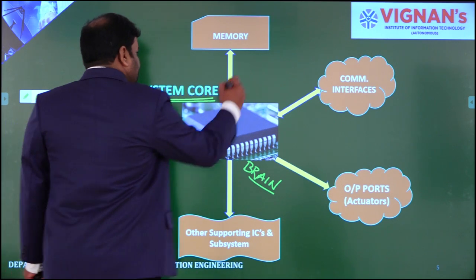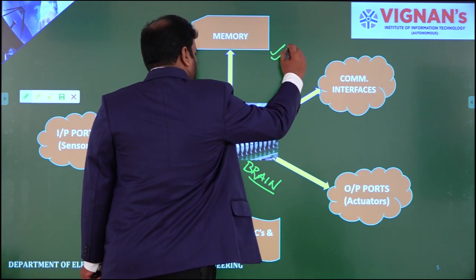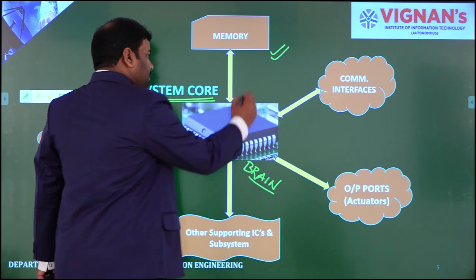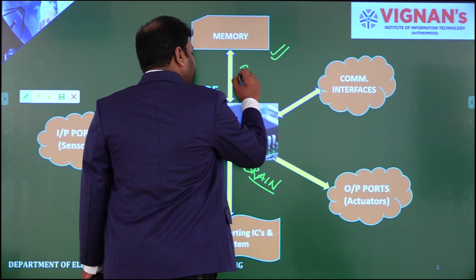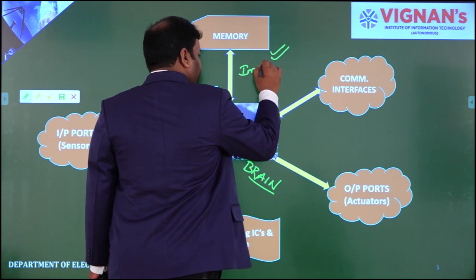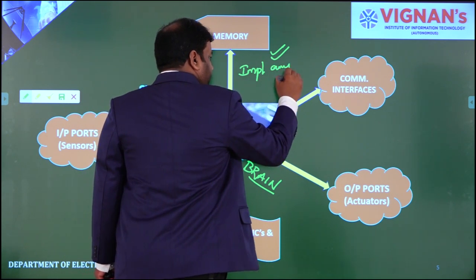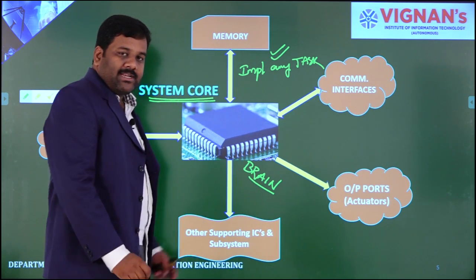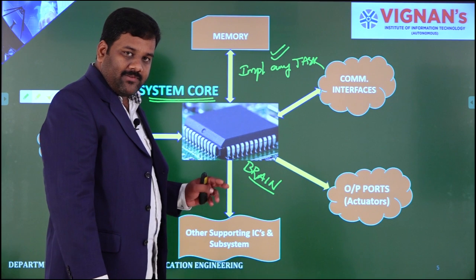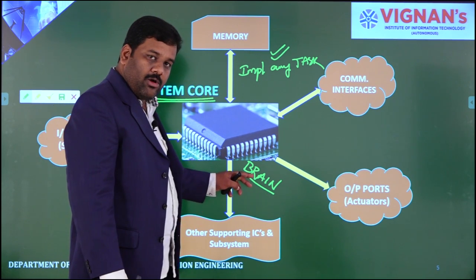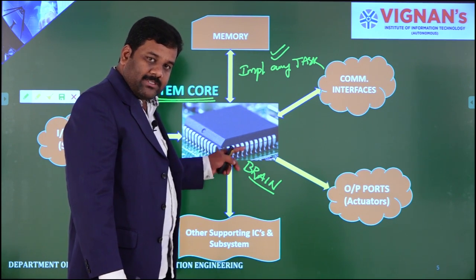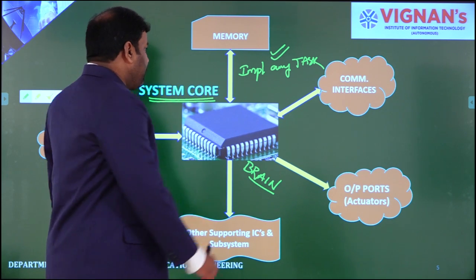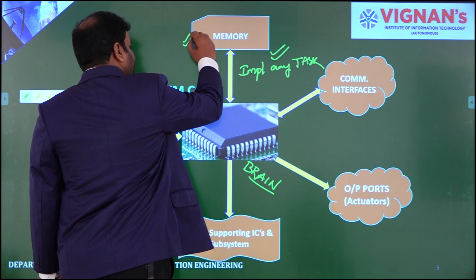So the first one is memory. It is used to implement any task, whether it needs to send information to this brain or the action performed by this brain has to be implemented. Both tasks have to be implemented using the memory only.